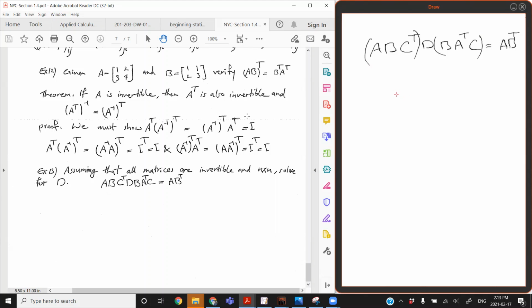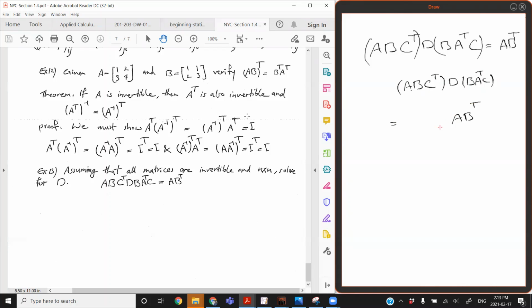I have to write it smaller so that I can do it. So I have A B C transpose D B A transpose C equal to A B transpose.